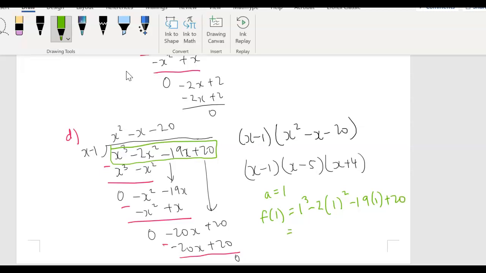So all I've done is substituted for 1, x equals 1. Every time we see x, we put the number 1. That's what we did on the calculator when we did define. So 1 cubed is 1, 1 squared is 1, so we've got minus 2. 19 times 1 is 19, so minus 19 plus 20. All right, so that's going to give us 0.